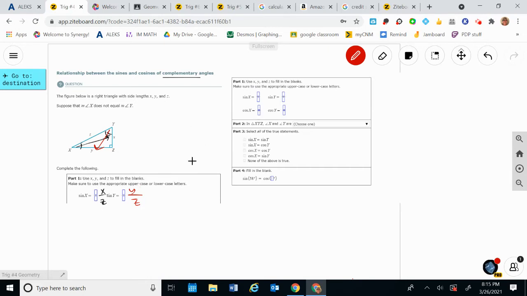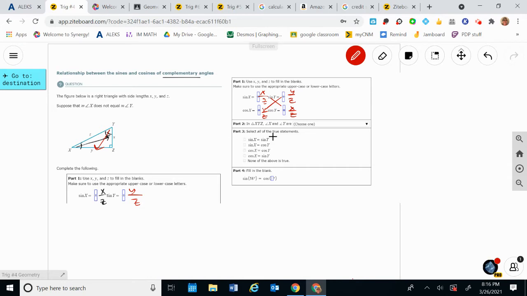So sine of x was x over z, and sine of y was y over z. The cosine of x is y over z, and cosine of y is x over z. What they want you to recognize is that the sine of x is equal to the cosine of y, and the cosine of x is equal to the sine of y.